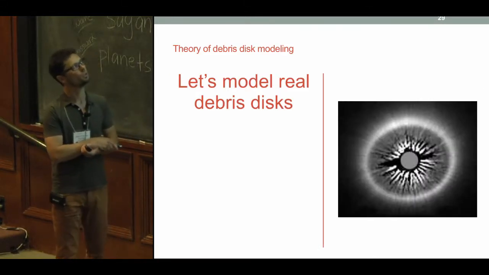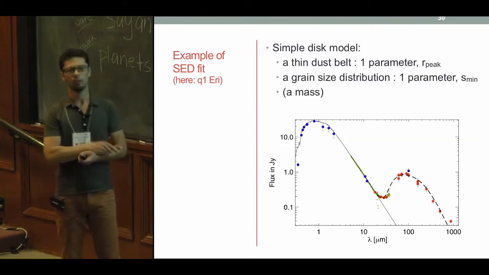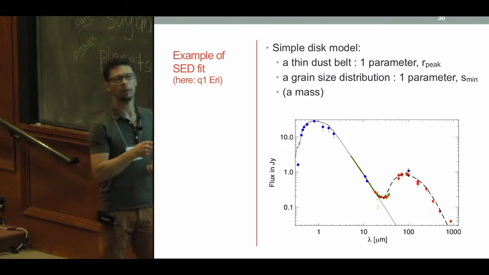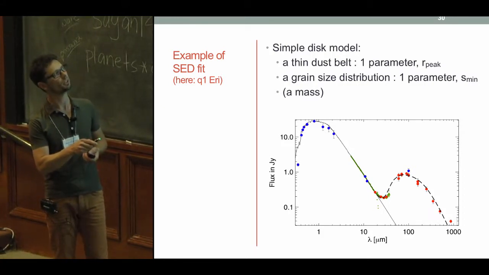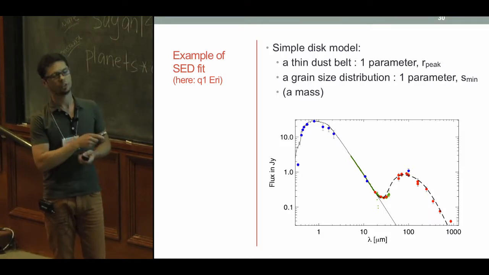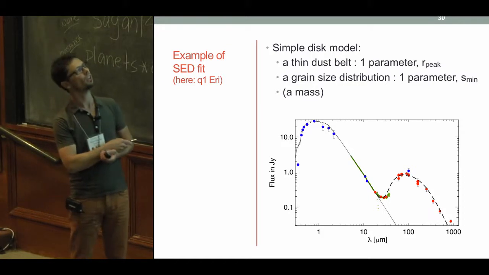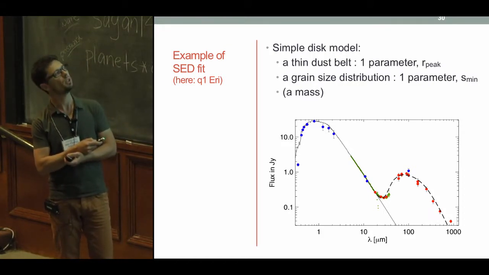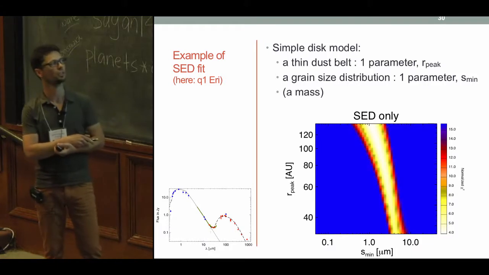Okay, so let's try to model real disks now. Again, this SED. So let's consider a very simple disk model, the simplest you can imagine. You assume you have a belt of dust, which is located at one particular distance, R peak. You assume that your belt of dust has a size distribution with one parameter, which is the minimum grain size of your size distribution, and you get the mass as well as a free parameter, but it's just a scaling factor.